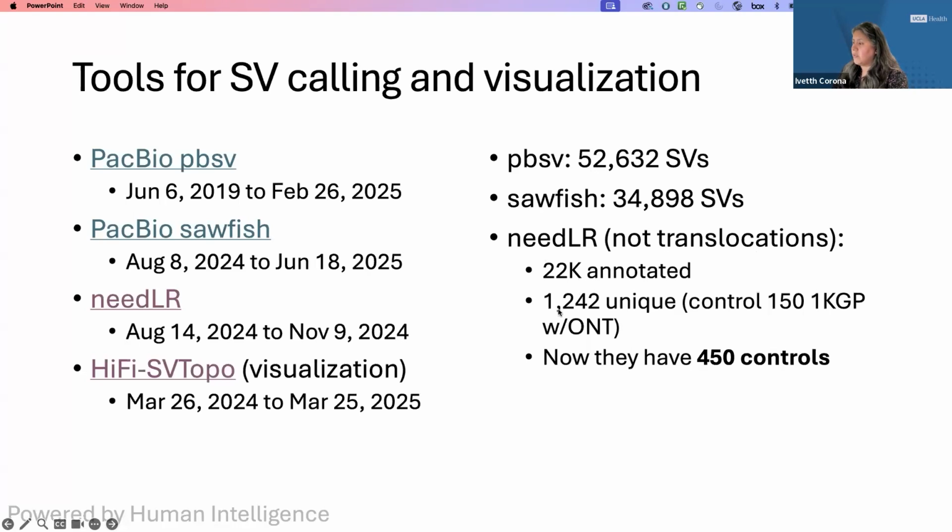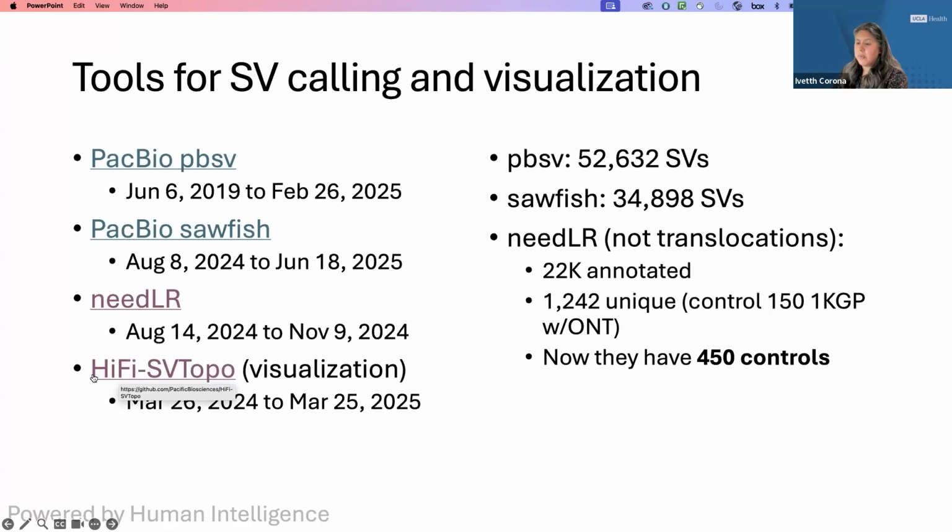But from 22,000, using the controls that they had, we were able to narrow it down to 1,200 unique variants, that are not present in the other controls. So it is really important to have more controls, to be able to then do analysis on the set that are either unique or that are predicted to be pathogenic or to affect function.